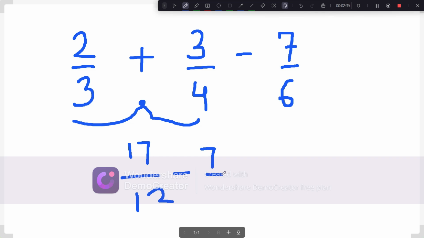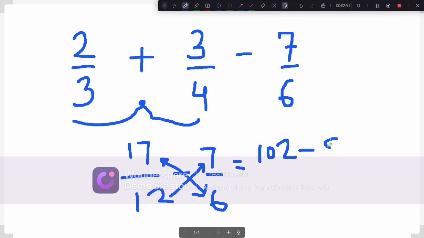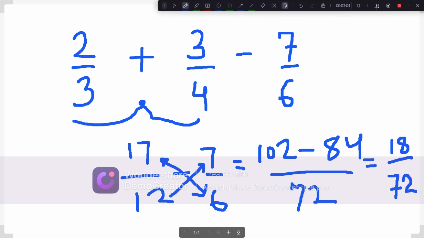Again cross multiplication: 17 into 6 is 102, minus 12 into 7, which is 84, divided by 12 into 6, which is 72. So the answer would be 18 divided by 72.